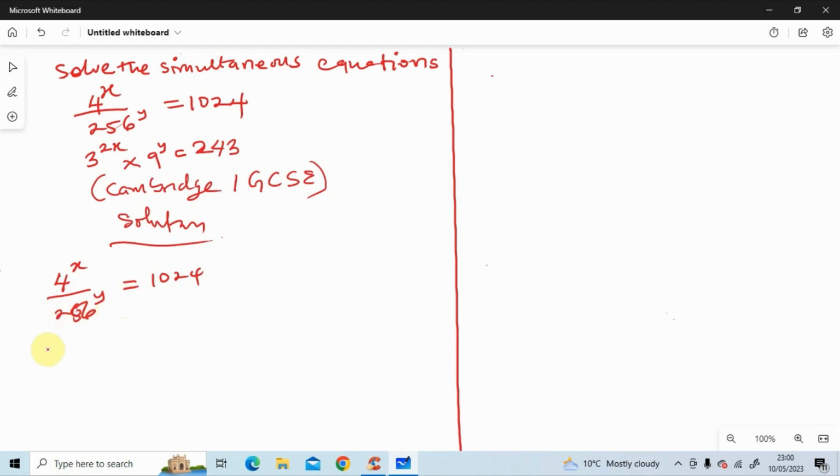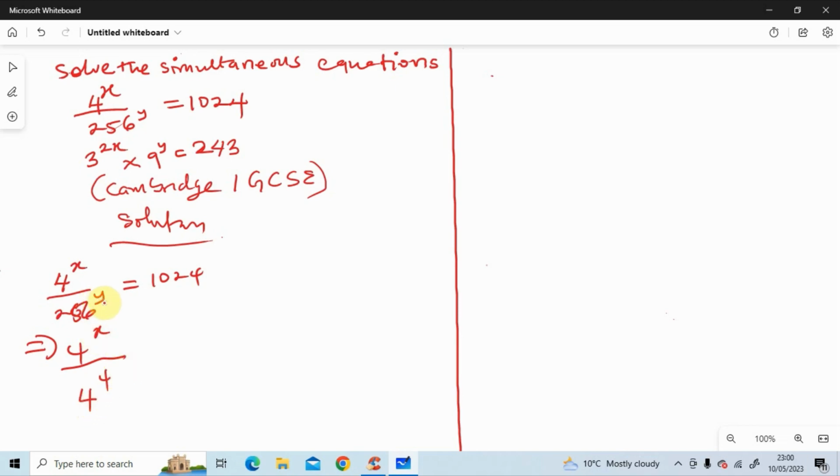So this is the same thing as 4 exponent x divided by 4 exponent 4, because 4 exponent 4, which is 4 multiplied by itself four times, will give you 256.